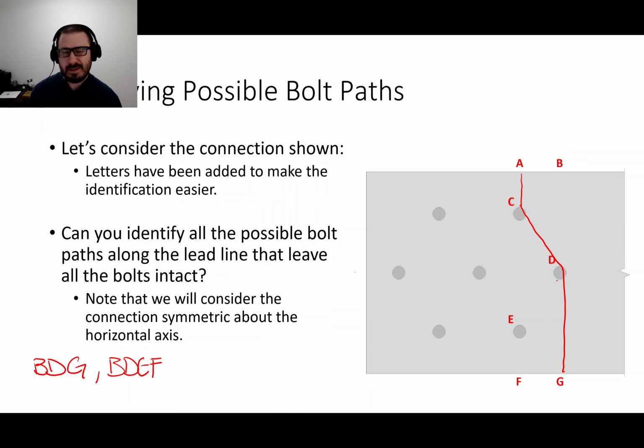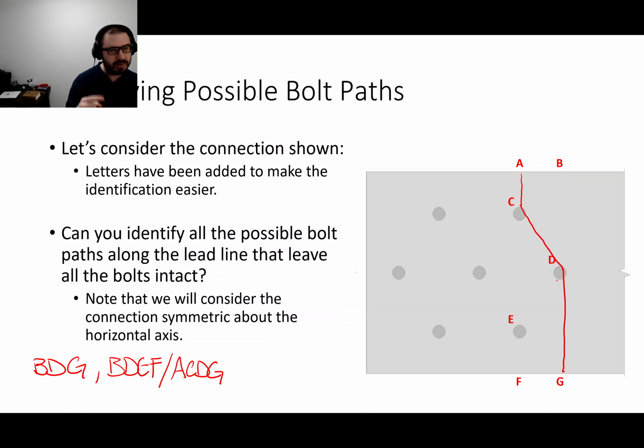If everything's symmetric, these two paths are pretty much the same. Both paths go through two bolt holes and a single diagonal region, so numerically they're going to be the same.